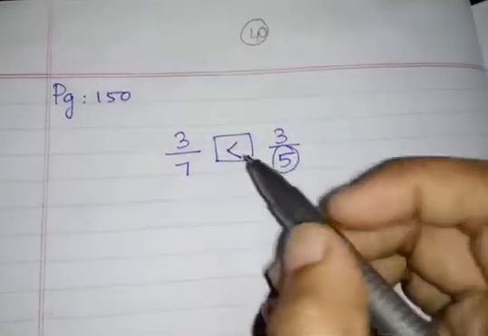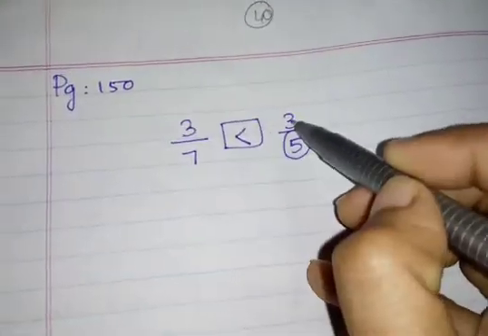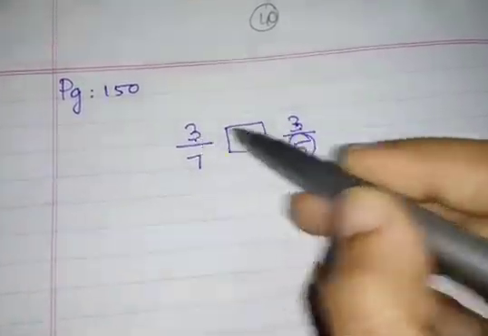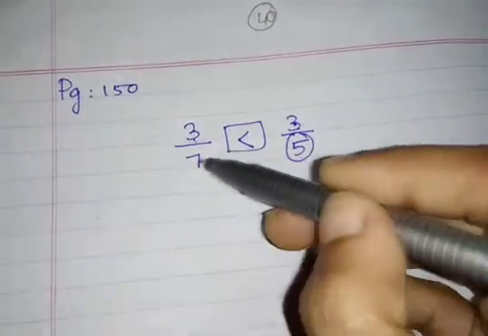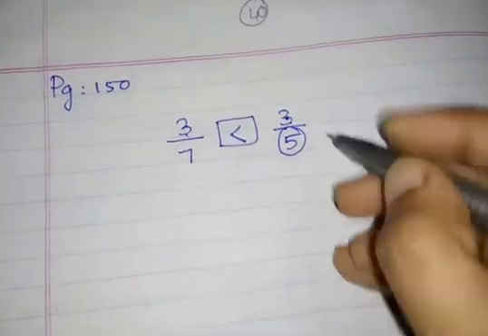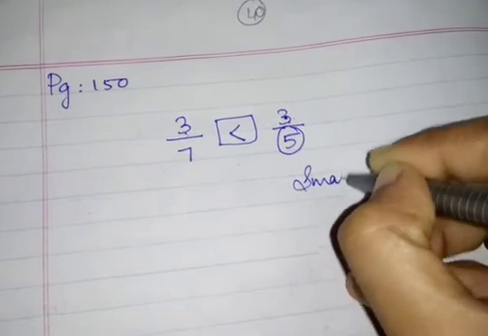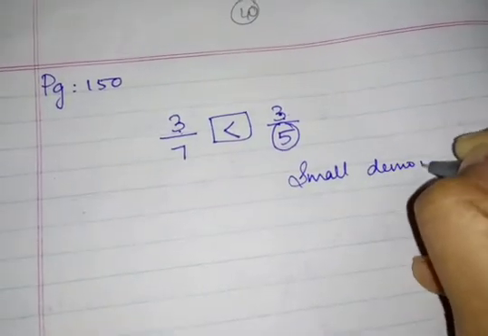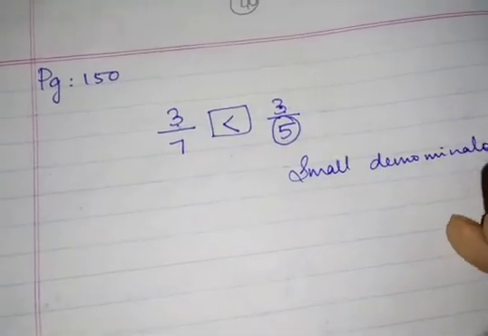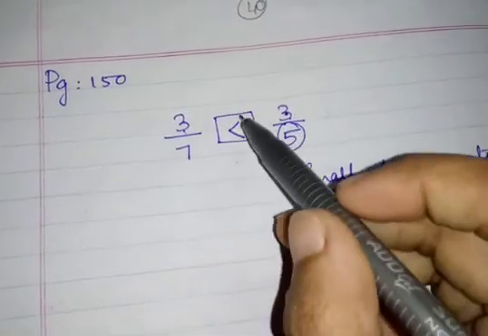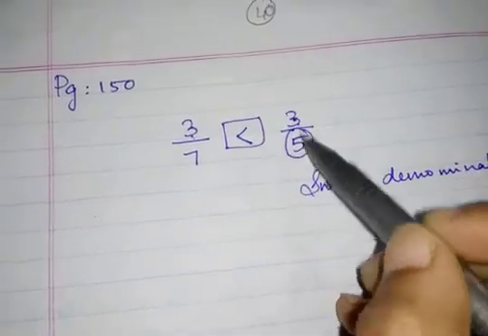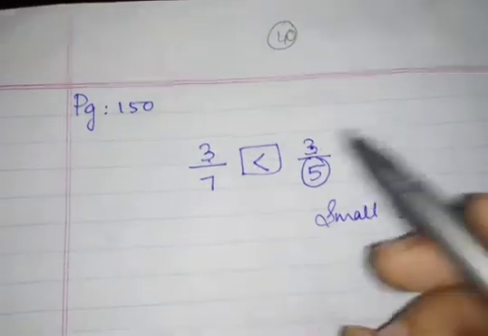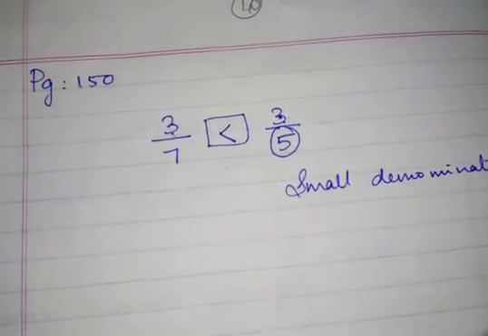Okay, so listen. When there are two fractions with the same numerator, you can compare the denominators, and the smaller denominator will be greater. So obviously 3 by 5 will be greater than 3 by 7. So this is your concept.